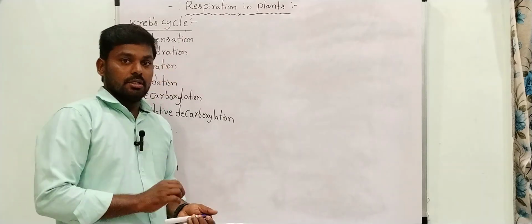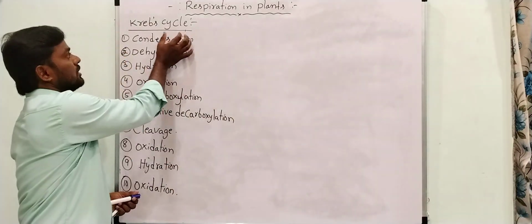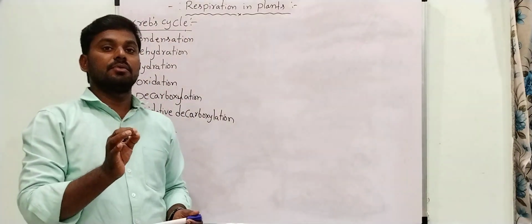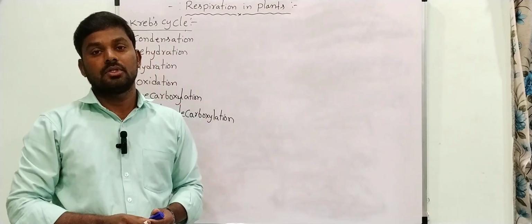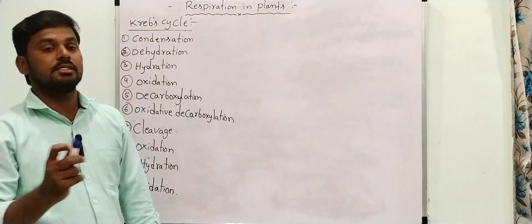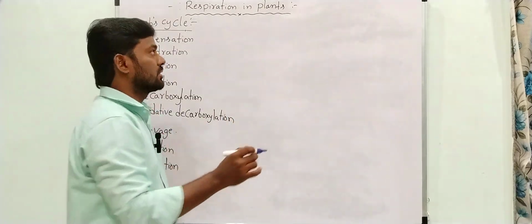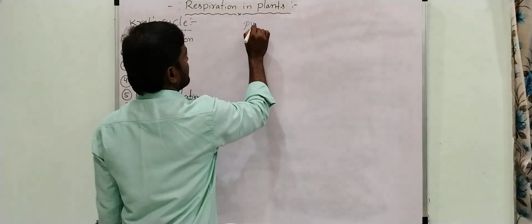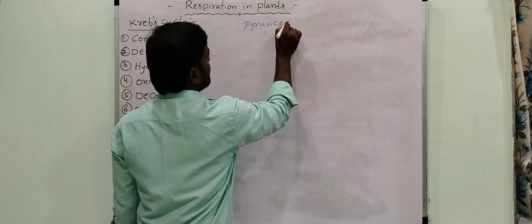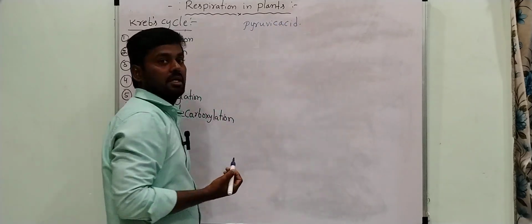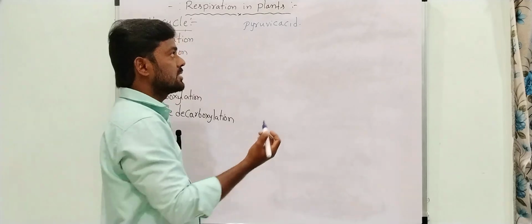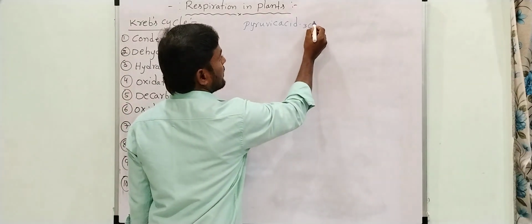So we have to remember here, the Krebs cycle starts with acetyl coenzyme A. In the previous class, we already discussed the glycolysis process. In glycolysis, the end product is pyruvic acid, a 3 carbon compound.